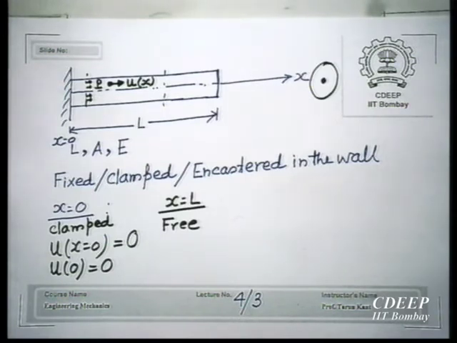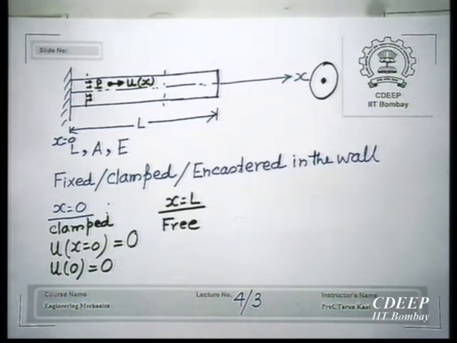So, u(0) is 0. That is the meaning of clamping here. There is only one active displacement for this body, along the x axis, and we are restraining that. So the u displacement has been restrained, is it clear? We are not allowing any u displacement.